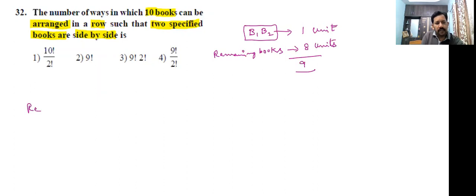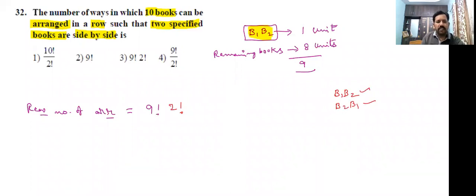So required number of arrangements is equal to 9 books can be arranged in a row, 9 factorial, but these 2 specified books are together side by side. That means those 2 books can be arranged among themselves, that is 2 factorial. 2 factorial means 2 only. The 2 arrangements are like this, B1, B2 and B2, B1. These are the 2 ways.